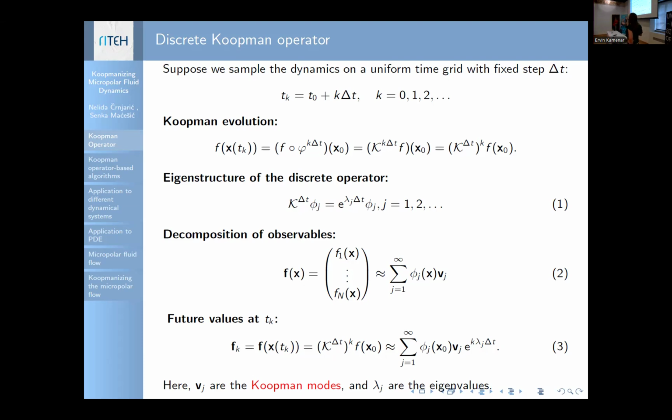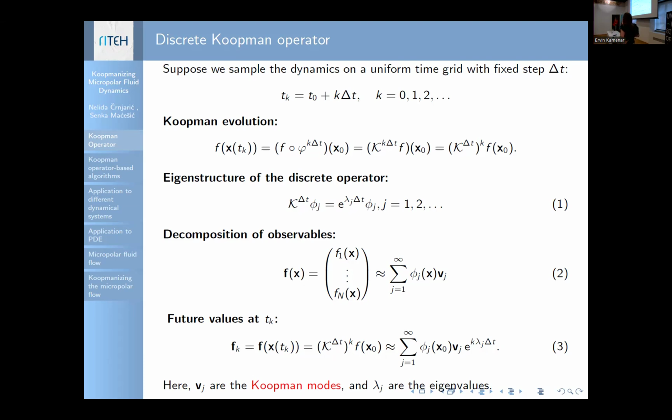So if this expression 2 is valid, then the future values of the observable at the time tk are obtained just by multiplying each term with the factor e to the k lambda j times delta t, starting from an initial point x0.